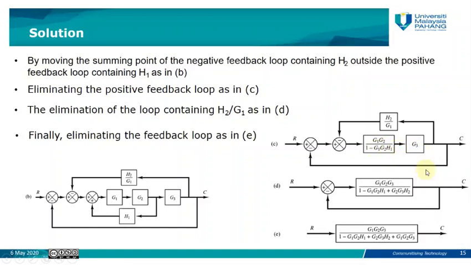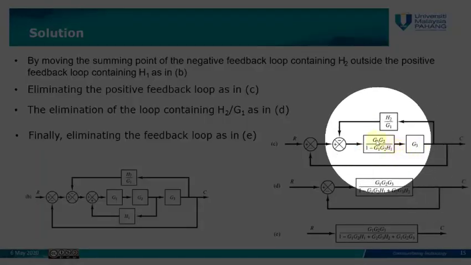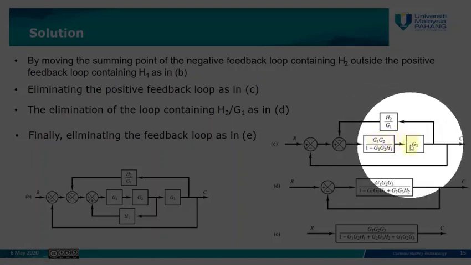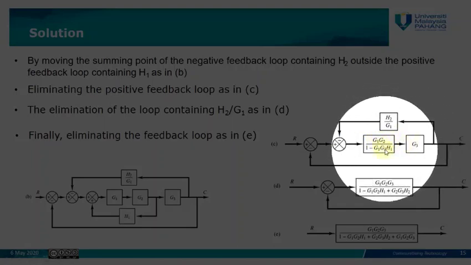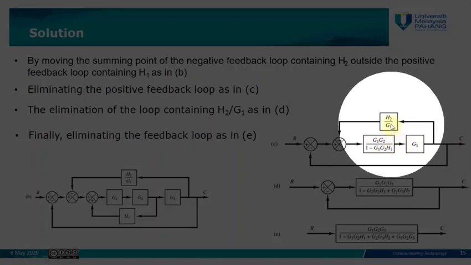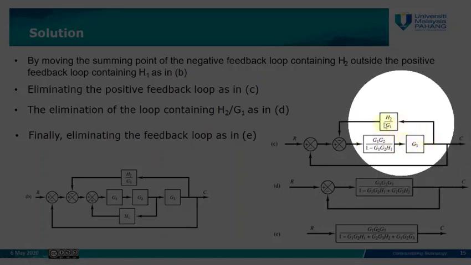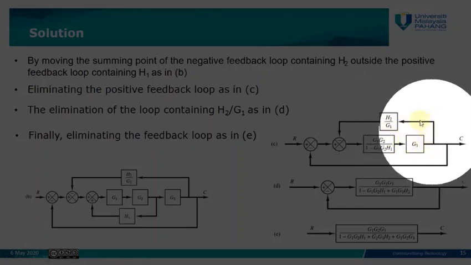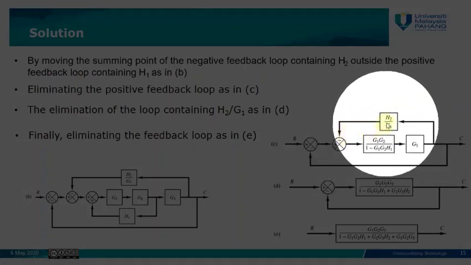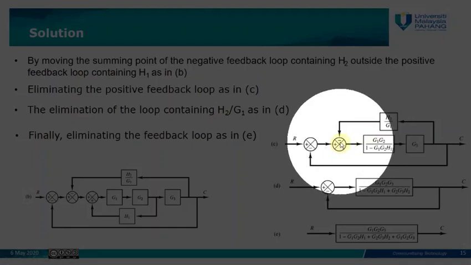Okay. This new combination of cascade, G1, G2, G3 over 1 minus G1, G2, H1, will have this H2 over G1 as a feedback. Since it's taken from the output and goes to the input, it is a feedback system. So I can simplify these three blocks into a single feedback, which is a negative feedback system.